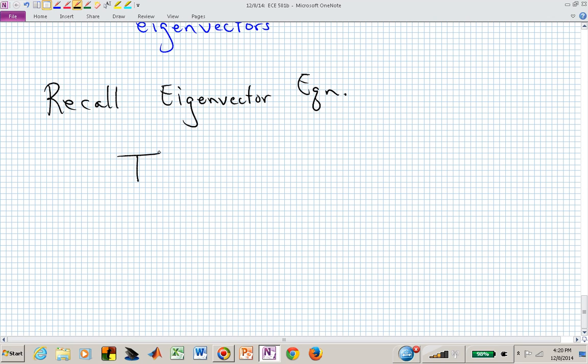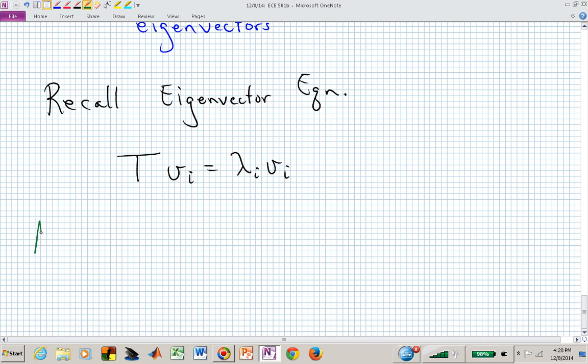You now know that that means T v sub i is equal to lambda sub i v sub i, where v sub i are these invariant directions that we stay in when we operate on it with that particular operator T, this linear operator T. We want to now think about this concept in an infinite dimensional setting.